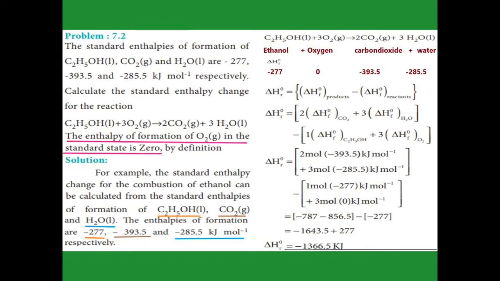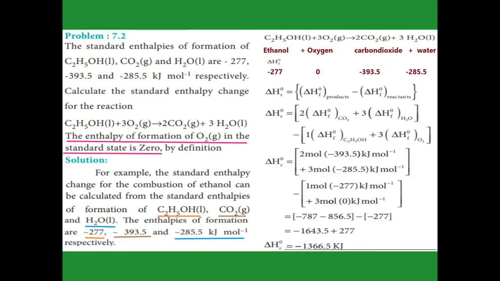How many moles of carbon dioxide? 2 moles, so 2 into that value you have to multiply. And how many moles of water? 3 moles of water, so 3 into the water value, minus 285.5. And then products minus reactants. What are the reactants? Ethanol and 3 moles of oxygen, but the oxygen value is 0 here because it is an element.